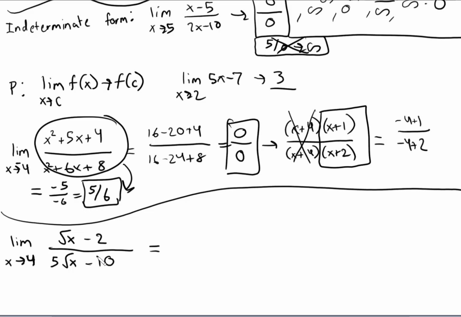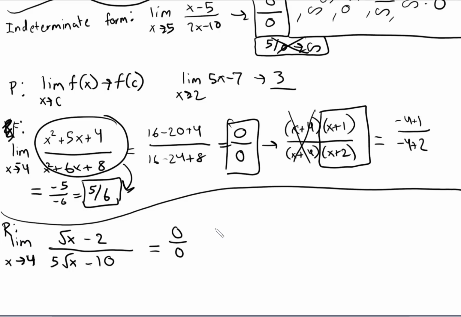If you plug in 4, you should get 0 over 0, which is indeterminate. But you'll notice that since these aren't polynomials and can't be factored, you can't use factoring here. You're going to have to rationalize that function.